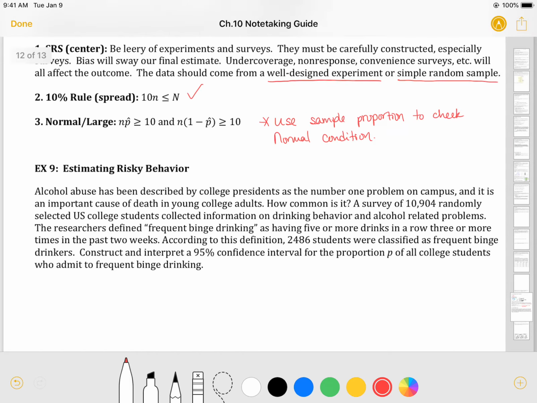So there should be enough successes and failures, defined as 10 or larger, in order to assume that normality condition. So let's go ahead and look at applying this one proportion Z interval.